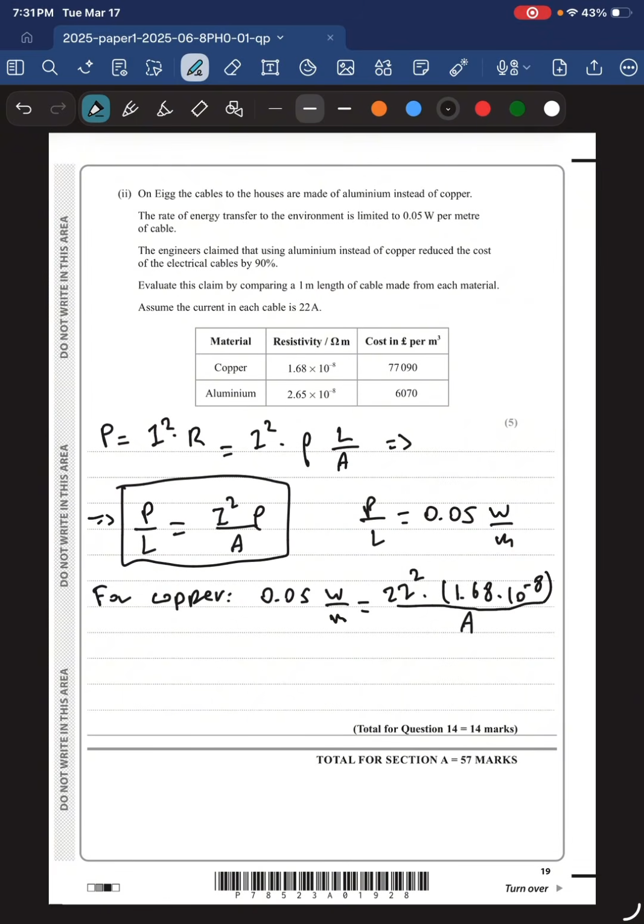We can therefore calculate the cross-sectional area. The cross-sectional area for this wire is 1.63 times 10 to the negative 4 square meters. Therefore the volume for this cable will be equal to the cross-sectional area times the length, and the length is just 1 meter, so we still have 1.63 times 10 to the negative 4 cubic meters.